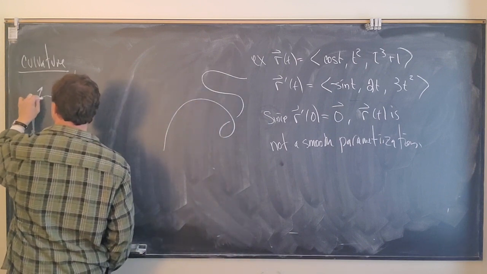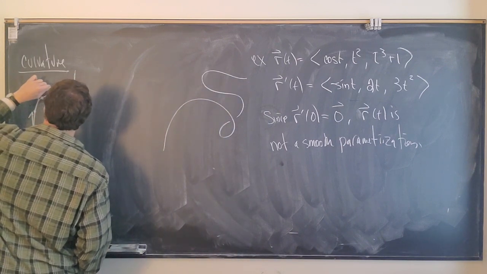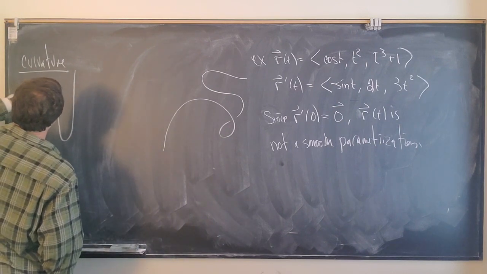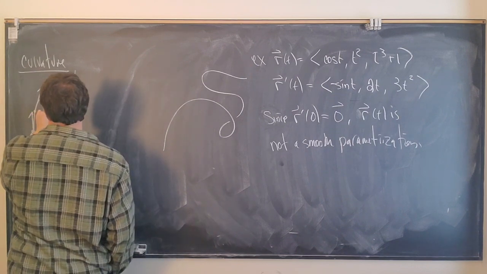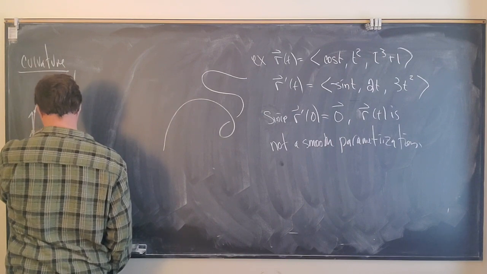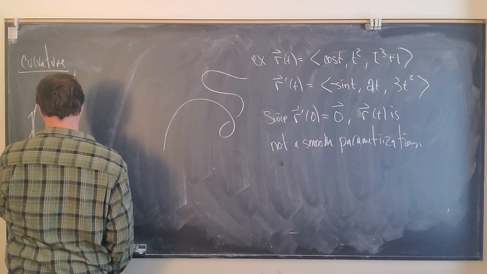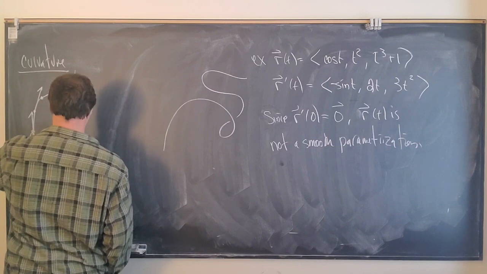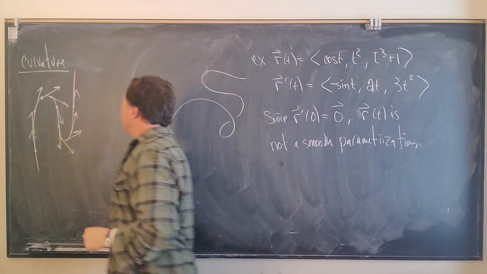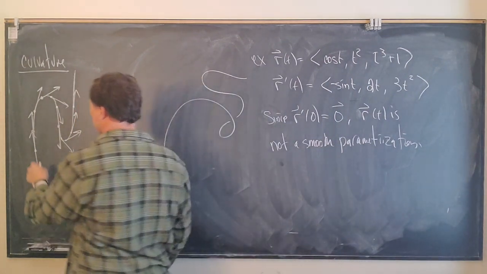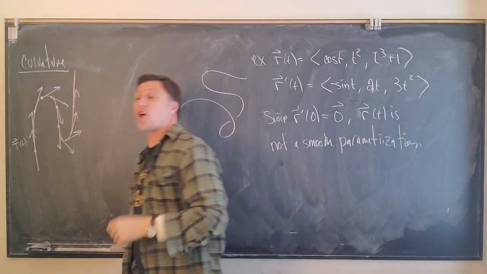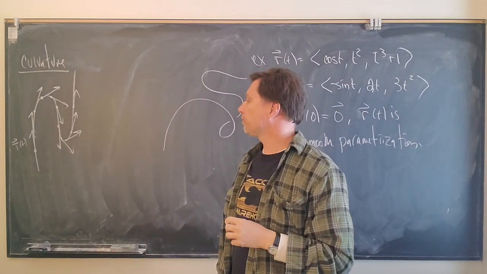And so I'm going to pick a few spots on this curve here, and in each case I'm drawing the unit tangent vector, so it has length 1. In each of these cases, pick a value t, and what we're looking at is, remember, the unit tangent vector, that is r prime divided by the length of r prime.